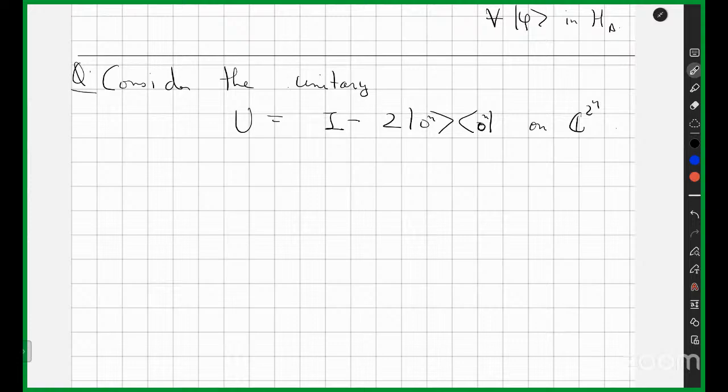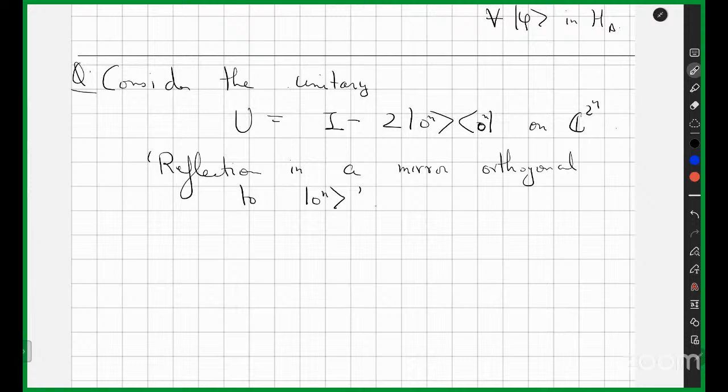So this is actually reflection in a mirror orthogonal to that. That's what it does. It is clearly unitary. It preserves norms.